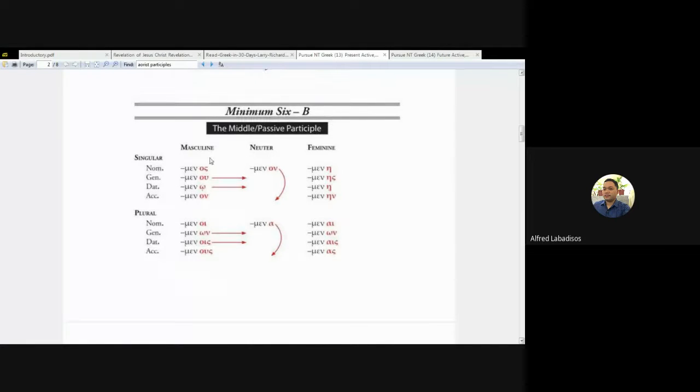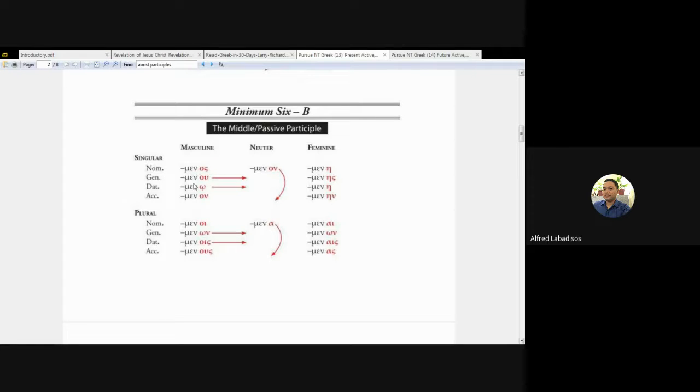So, for the nominative form of the middle passive participle, you have menos. If you see this ending attached to a verb, it means that that particular word is a participle, and it is in the middle or passive voice.